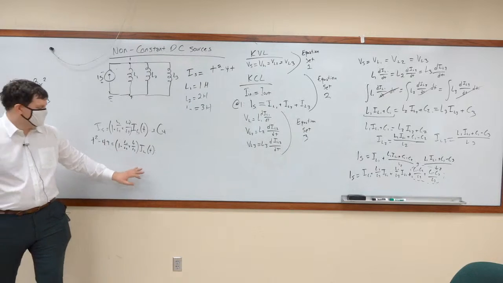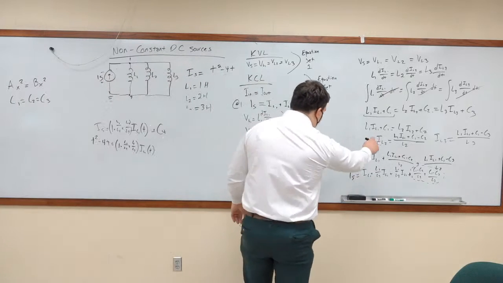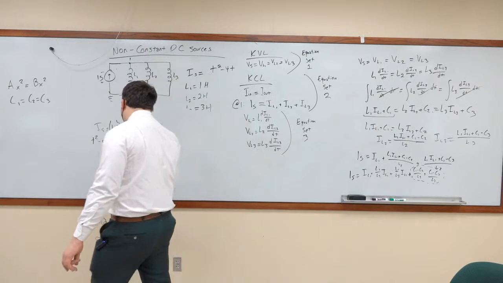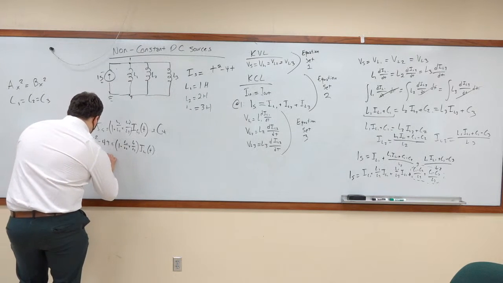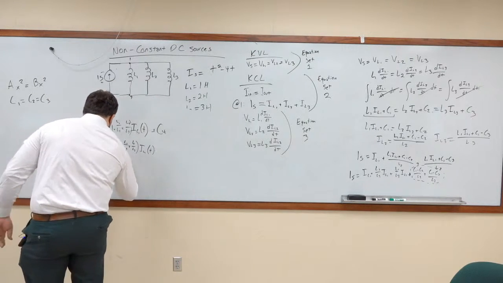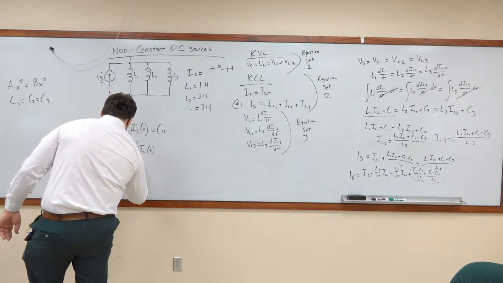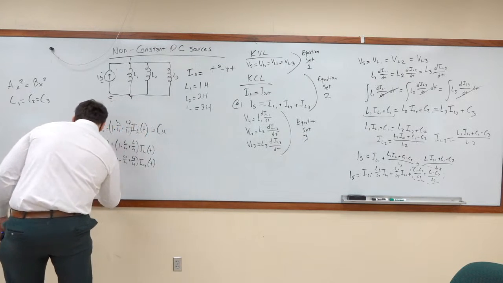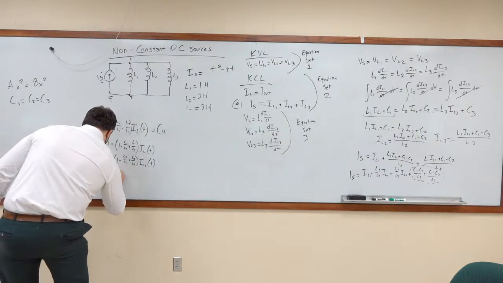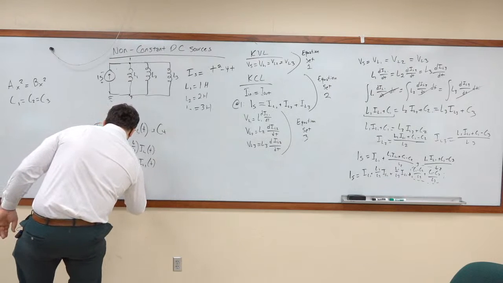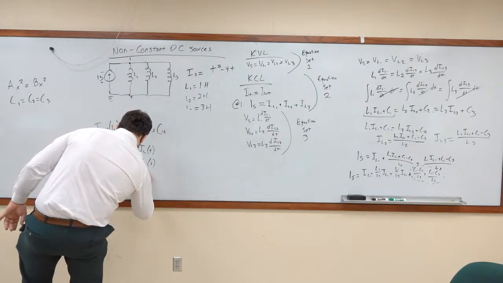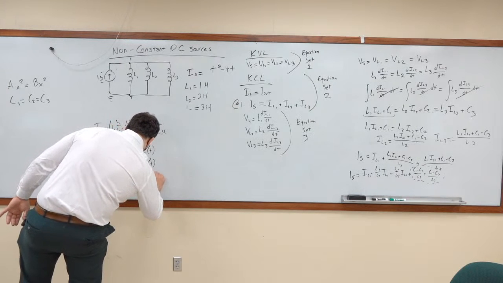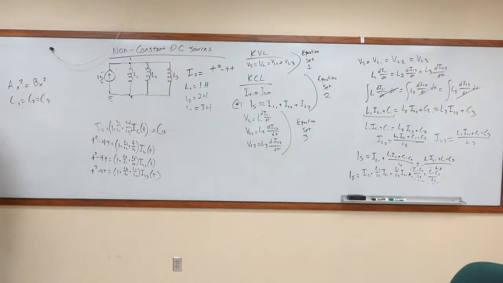If we were to go back and write out the functions for IL2 and IL3, we would find that t squared minus 4t is equal to 1 plus L2 over L1 plus L2 over L3, IL2 of t, and also t squared minus 4t is equal to 1 plus L3 over L1 plus L3 over L2, IL3 as a function of time. It's just plug and chug and doing exactly what we've already done. Okay?